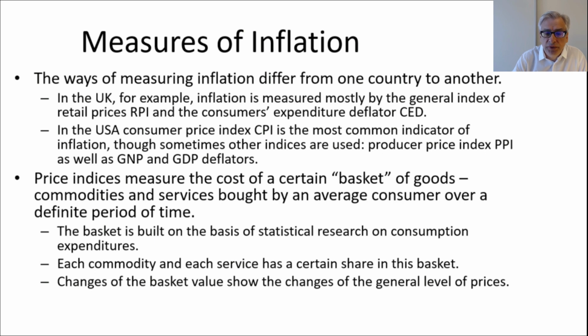The differences between them depend on some more particular details. The general idea is more or less the same. So a price index measures the cost of a certain basket of goods. The difference is that for a deflator, for instance, this basket contains goods that are produced according to the structure of, let's say, gross domestic product.